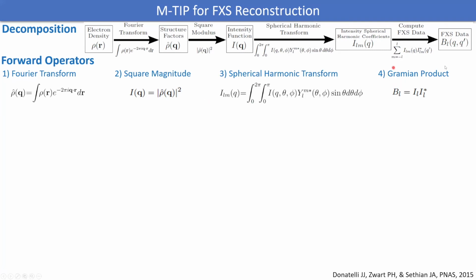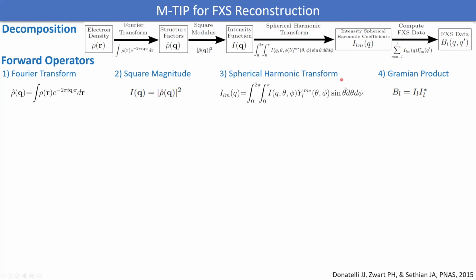You can express it in terms of what's called a Gramian product. Essentially, if you take these spherical harmonic coefficients, which are indexed by L and M, and are also a function of a radius Q, you can express these as a series of matrices I_L by arranging the coefficients into a matrix where the rows are indexed by Q and the columns are indexed by M. You can also think of each of these B_L data as another series of matrices where the rows are indexed by Q and the columns by Q prime.